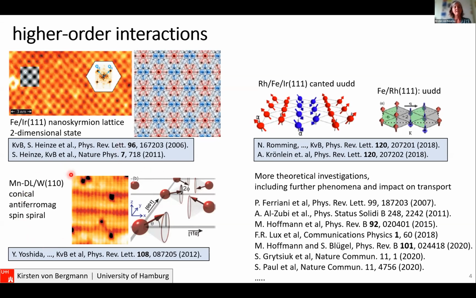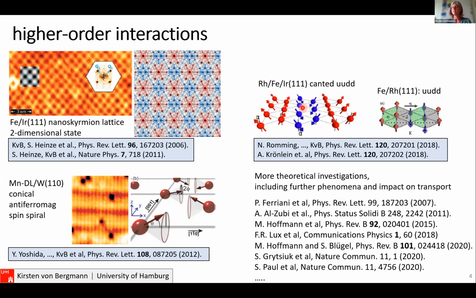Here's another example in the manganese double layer. So in total, you have an antiferromagnetic interaction. You have these rows of nearly parallel magnetic atoms, but then on top they do this spiral here. So this is a conical spiral, which is induced by the higher order interactions. And then 2 more experimental examples, where I just show the spin structure here.